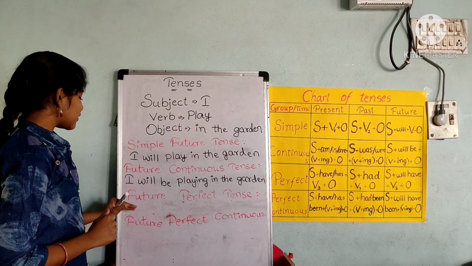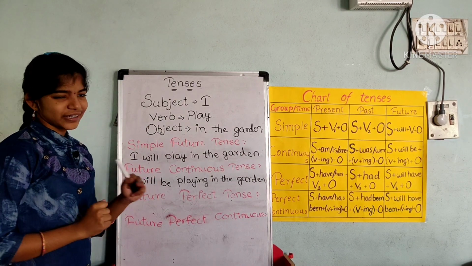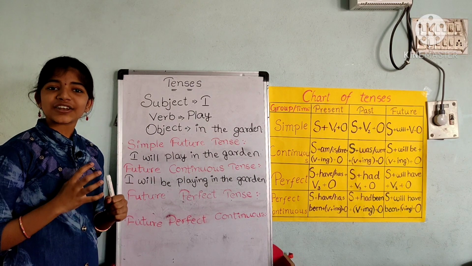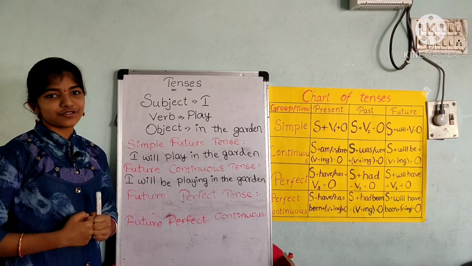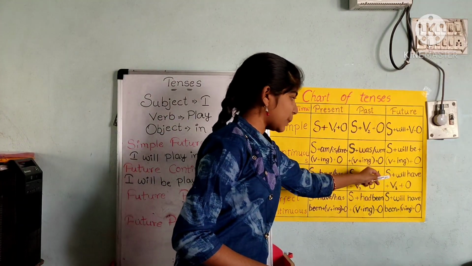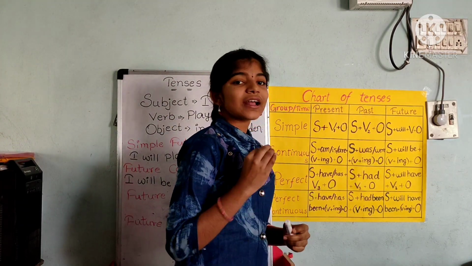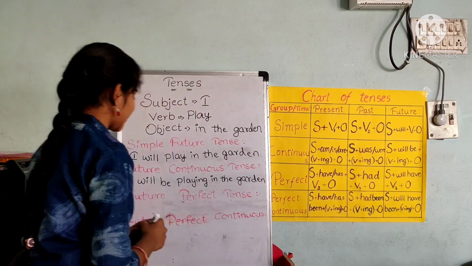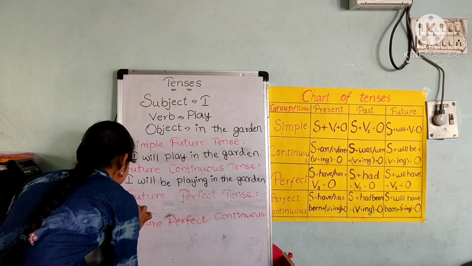And the third one, future perfect tense, which means an action that will be completed before another future action. And formula for this is subject plus will have plus third verb form plus object. Let's write the sentence.